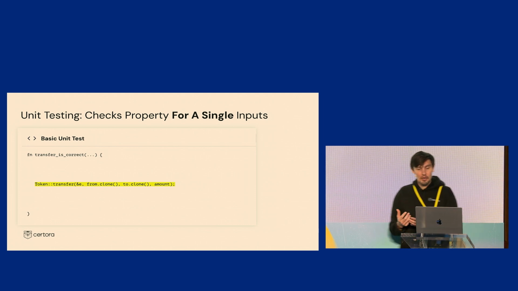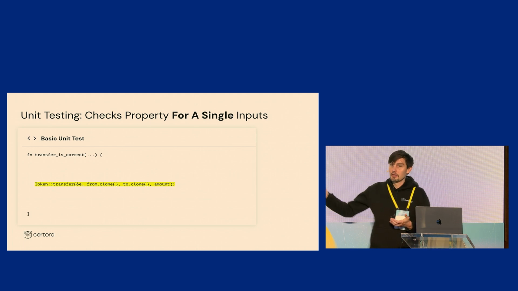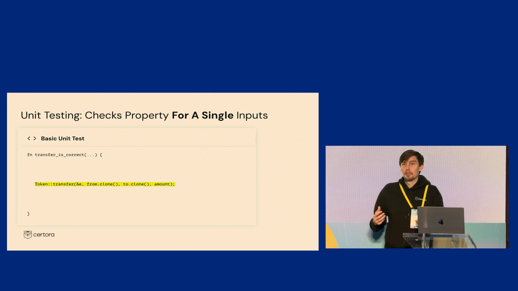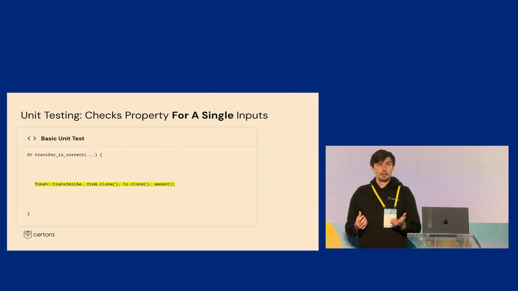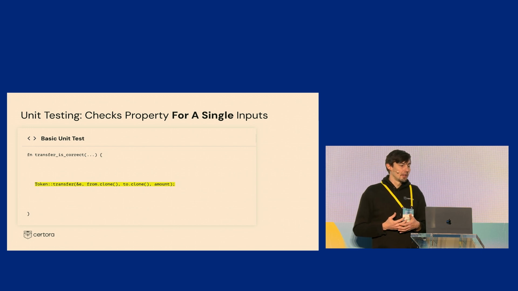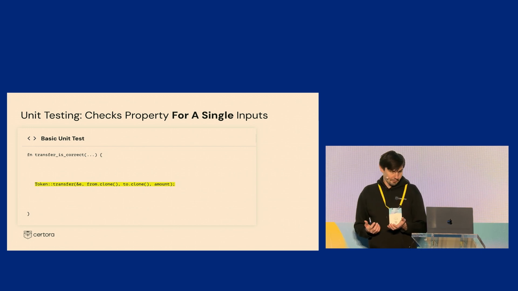Think about the following: you have an ERC token contract that you implemented yourself. What do you normally do to verify or test that the implementation is correct? You will start writing unit tests for sure.